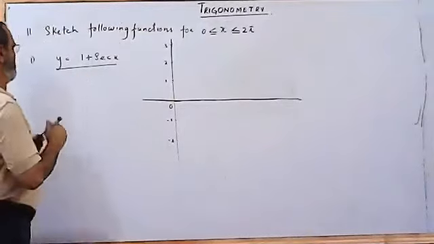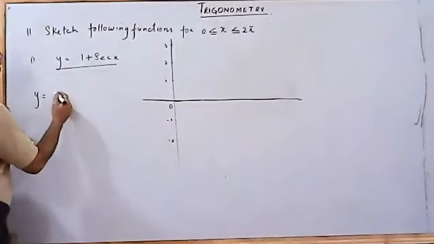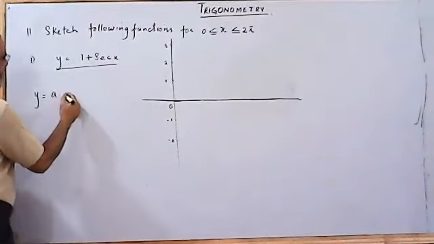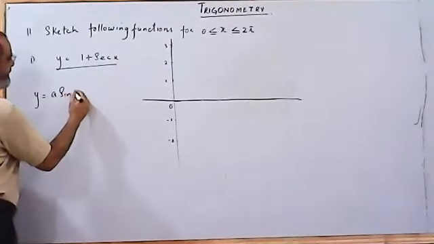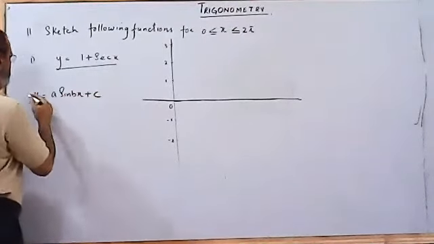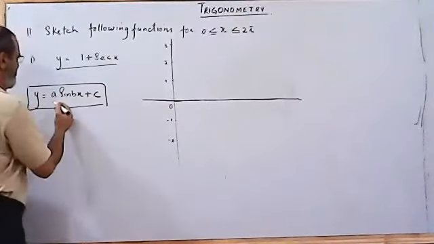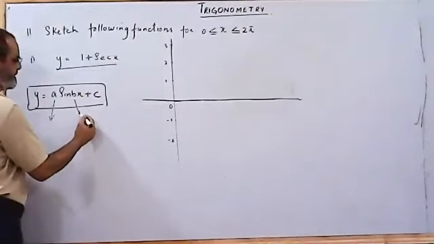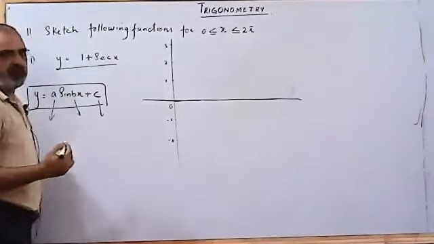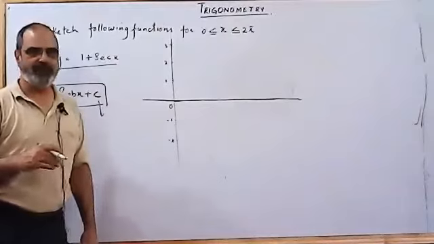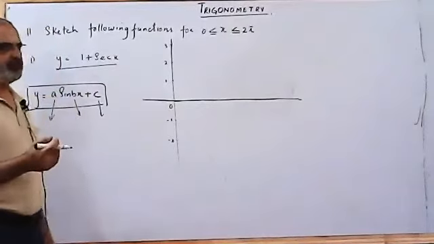As you know, the function y is equal to a sine bx plus c. If the function is given in this manner, you know what a stands for, what b stands for, and what c stands for. Just to give you a reminder, you have done this in paper 1.